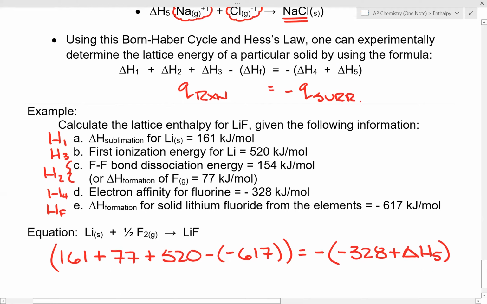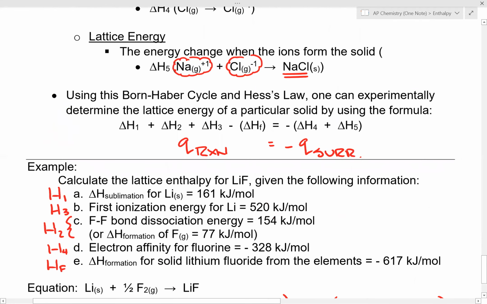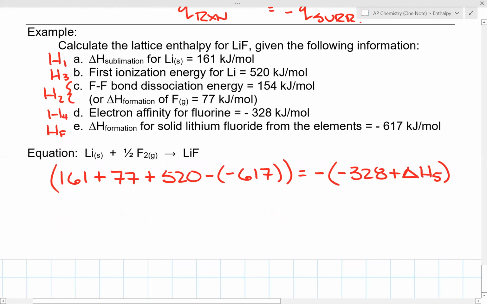Delta H5 is the lattice energy. So in this case, if we added up everything to the left, 161 and 77 and 520, 617, 1375 is equal to positive 328 minus delta H5.